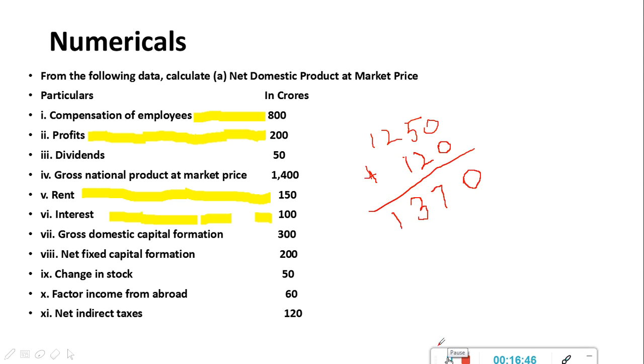After adding net indirect tax, we will arrive at net domestic product at market price as 1370. The answer is 1370. Students, the value in the question is given in crores, so the answer also you will write in crores, 1370 crores. This is the answer of the numerical.